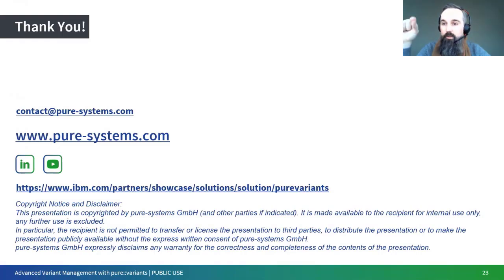But if you know that certain requirements have certain relations to each other, we are also allowed to add that information directly to the requirement side in a way that pure::variants can interpret it. And then we do that and let you know if there are issues, if you try to combine things that cannot be combined.